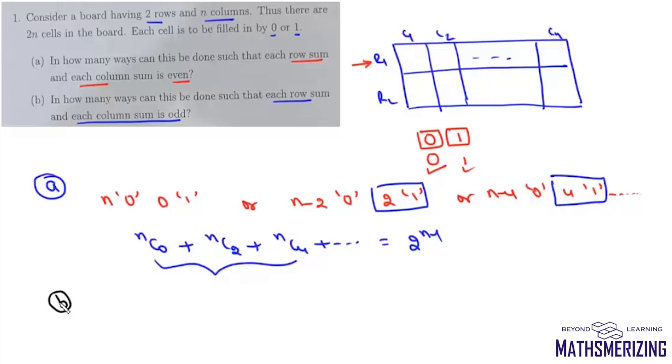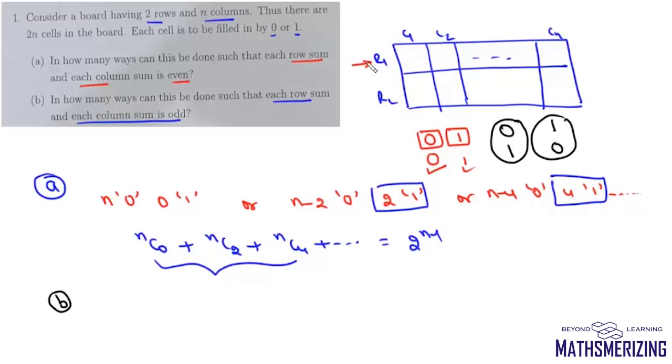Now in the second part, we are given that each row sum and each column sum must be odd. Now if we look at column sum, it will be odd when one entry is 0 and the other entry is 1. So if it is 0 in R1, then it will be 1 in R2. And if it is 1 in R1, then it will be 0 in R2. That means again automatically R2 will be filled according to the choices given R1.